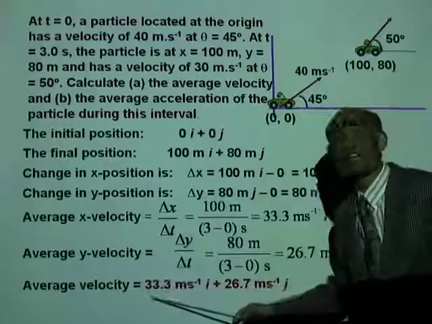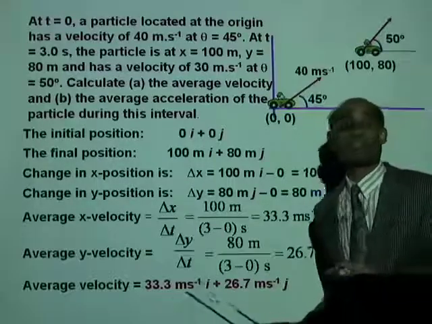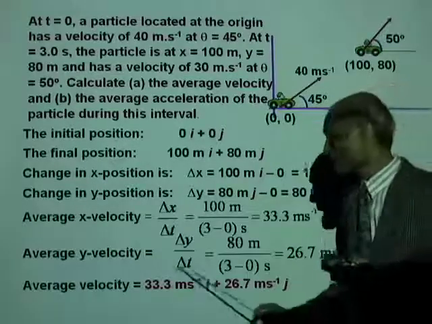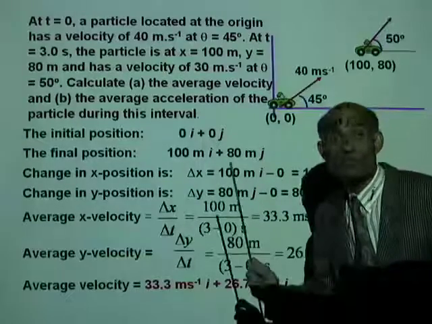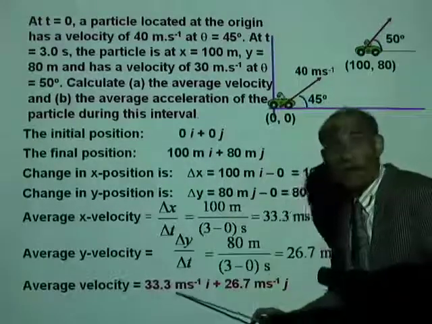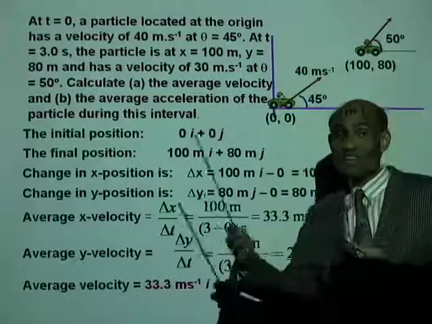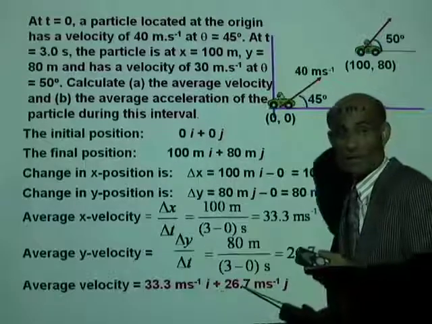Alright, can you find the magnitude angle form of this? I haven't done it. I'm going to ask you to do that on your own. The magnitude of this average velocity will be square root of x squared plus y squared. I hope you understand when I say x and y. This is the x component, this is the y component.